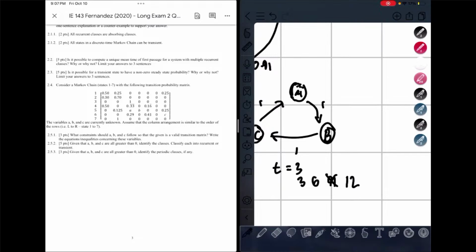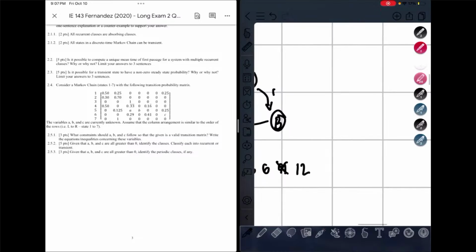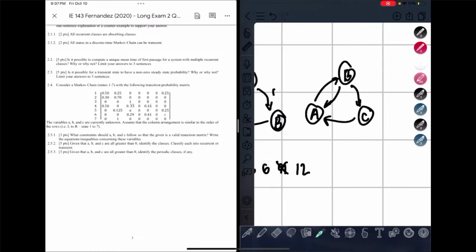It just means na the time it takes for it to return is a multiple of that number. So, okay, here's an example of that. A, B, C. So let's suppose A and B, and then yan. So here naman, right?